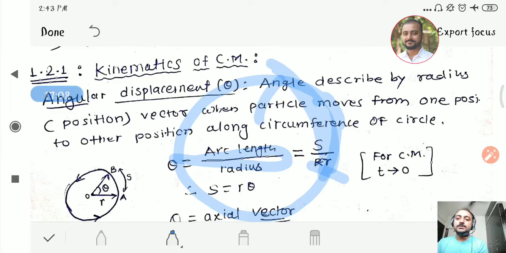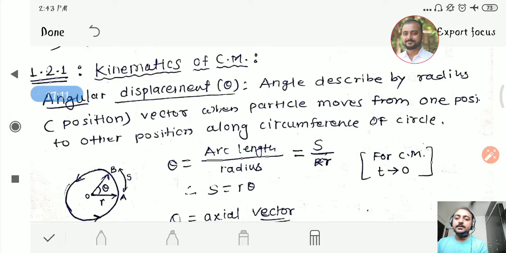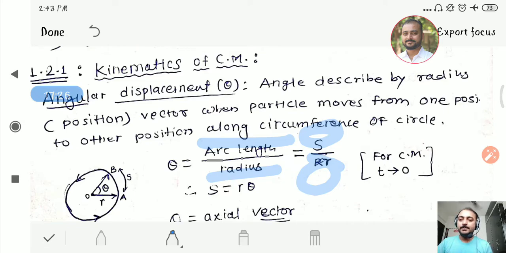So the angular displacement has a magnitude given by the formula: arc length divided by radius. The arc length has value s and the radius is small r. As from this figure, if the particle is performing anticlockwise motion, everyone observe here. In that case, when a particle moves from A to B, it has a certain arc length, say s. Now someone may have a question in their mind.